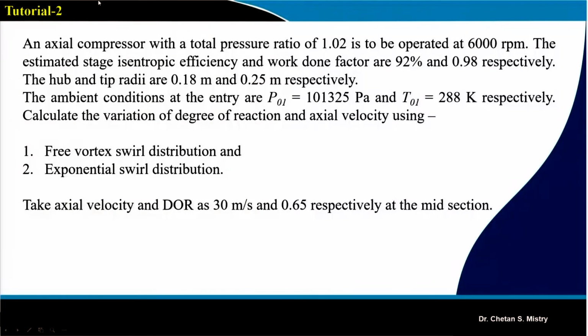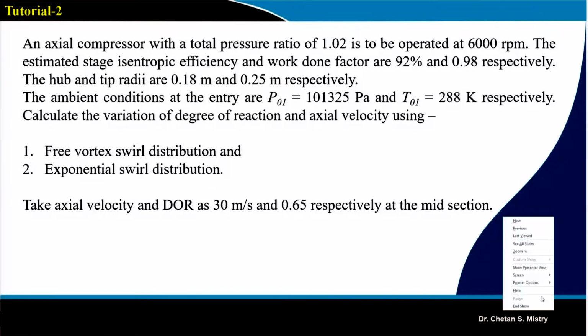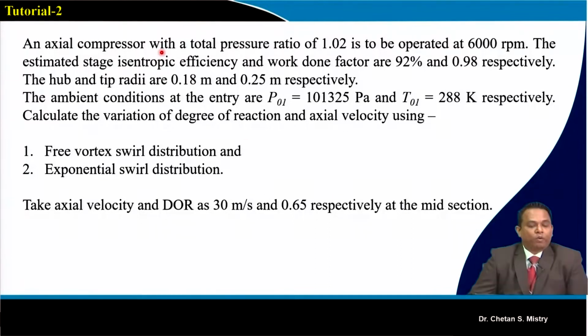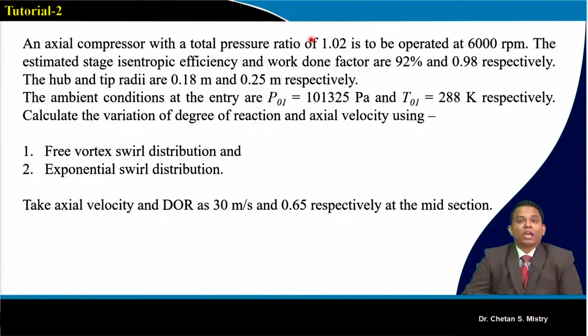So we have an axial flow compressor with a total pressure ratio of 1.02, operating at 6000 rpm. The estimated stage isentropic efficiency and work done are 92% and 0.98 respectively. The hub and tip radius are 0.18 meter and 0.25 meter respectively.